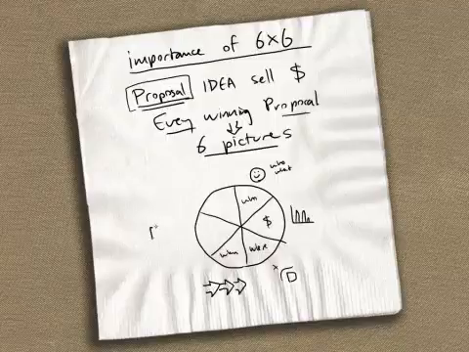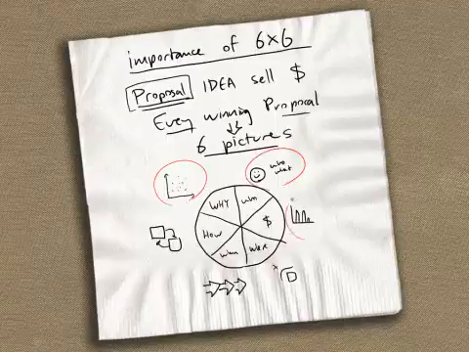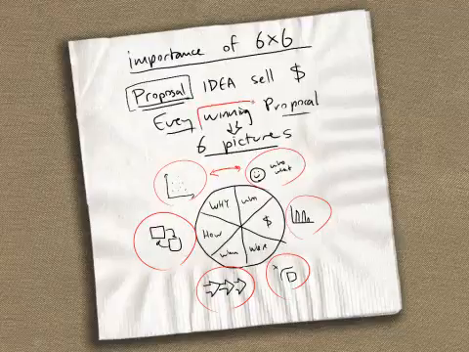It's going to contain some kind of a flow chart that indicates how our idea works. And then in the end, it's going to contain some kind of a plot which indicates why anybody should care. Every proposal that contains these 6 pictures, almost always in this order, is going to be the kind of proposal that will be unforgettable and everyone will understand it.